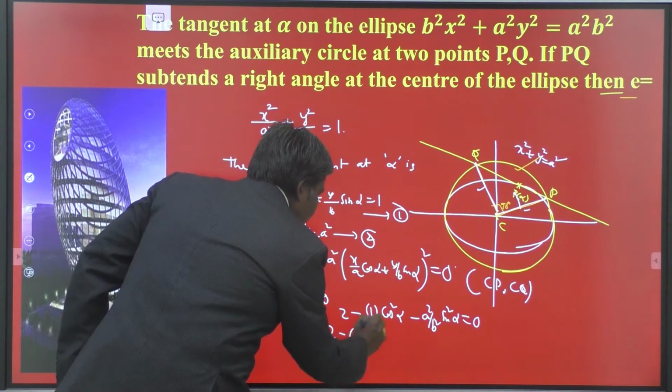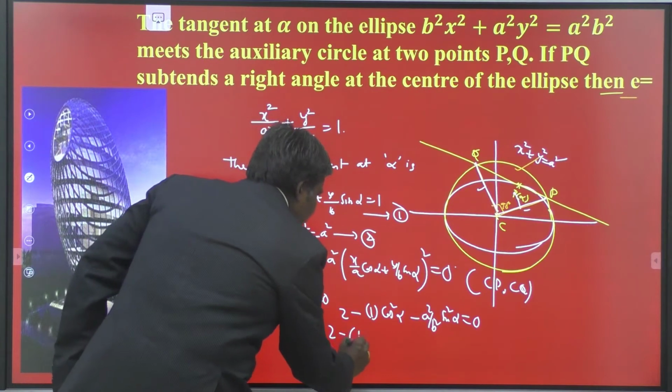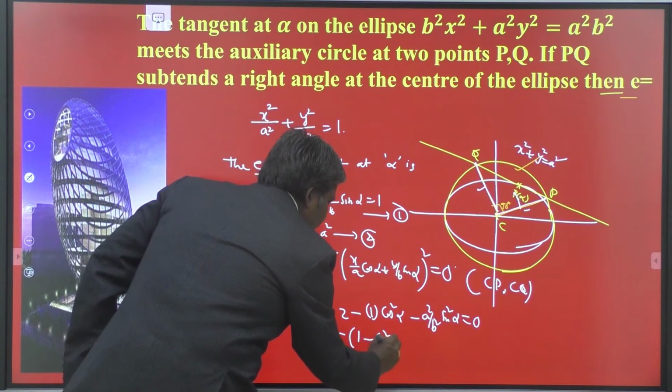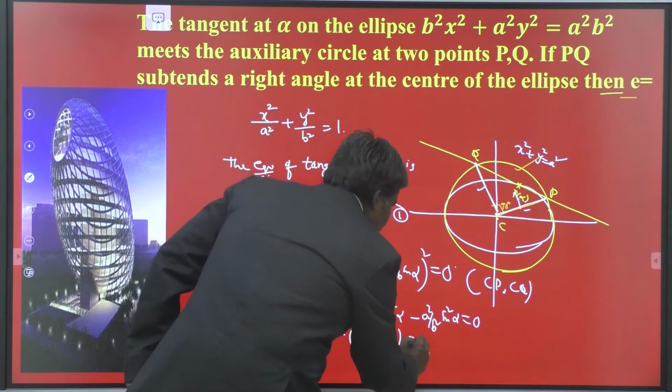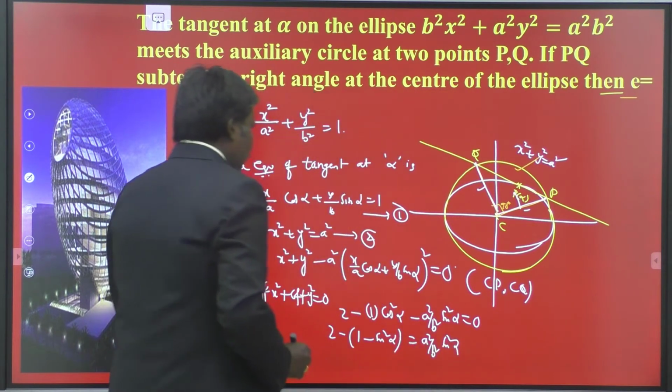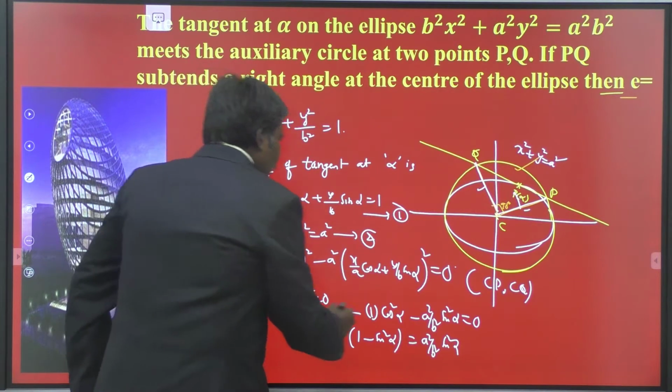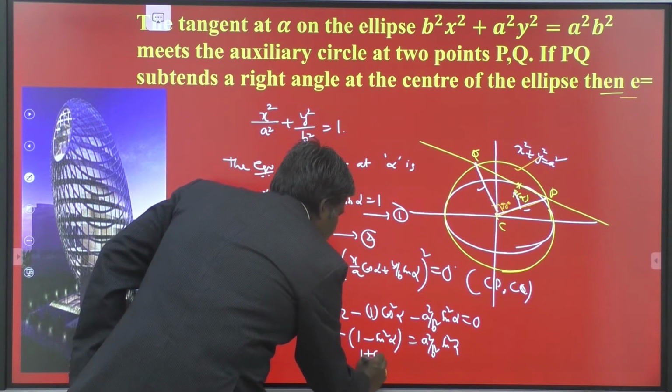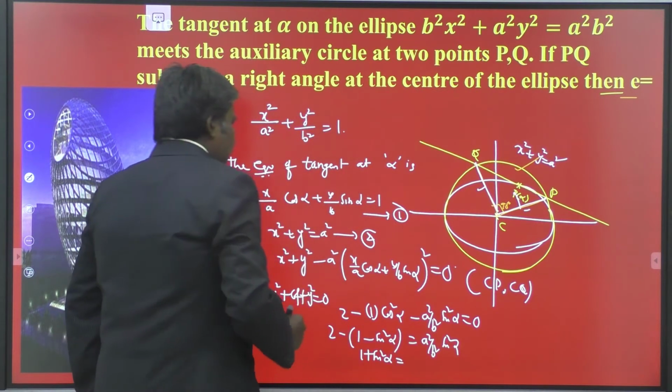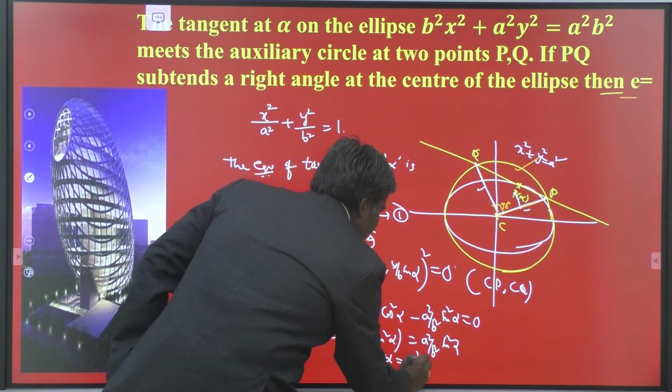Now 2 minus cos square alpha can be written as 1 plus sin square alpha, equal to a square by b square sin square alpha.